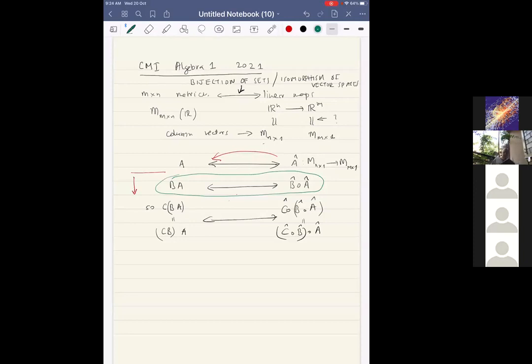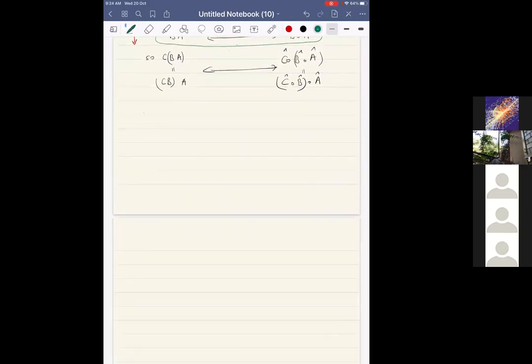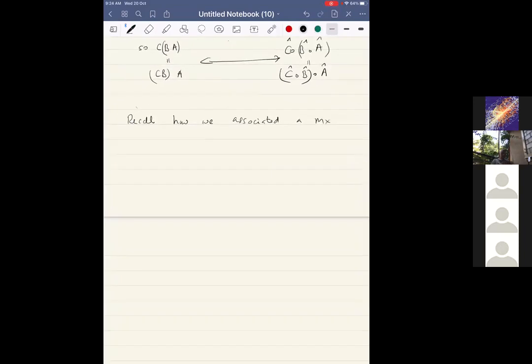Recall, the order in which I write M and N is important.